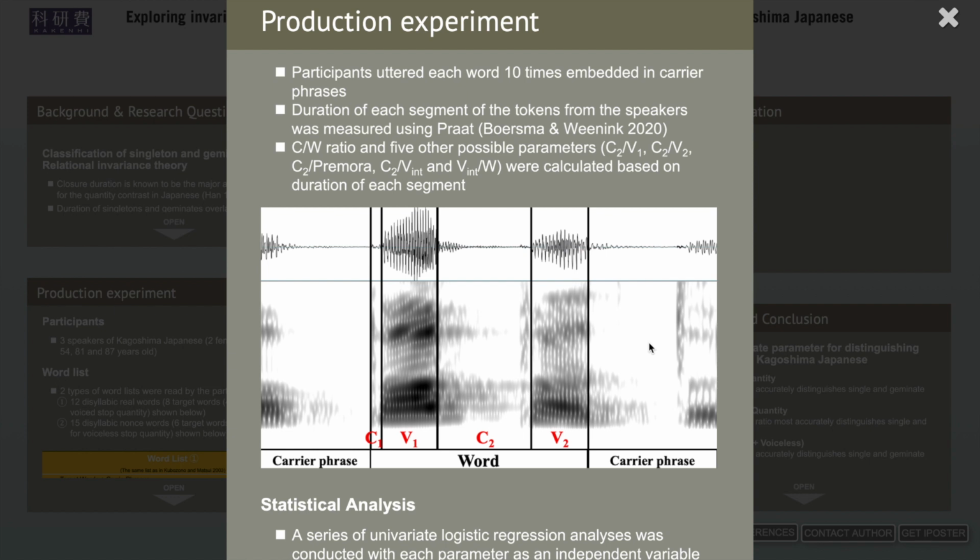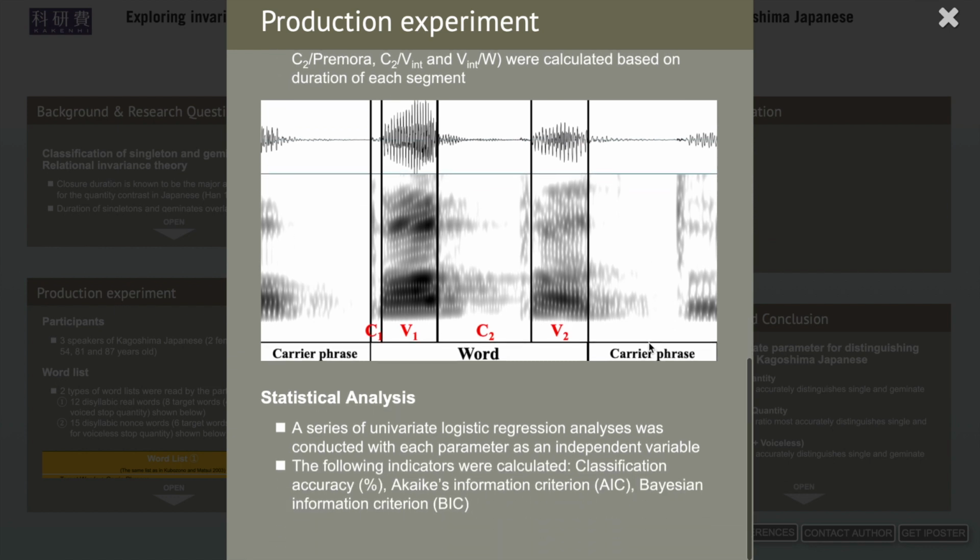We conducted a series of logistic regression analyses with each parameter as an independent variable, and AIC, BIC, and classification accuracy were calculated for each word list.